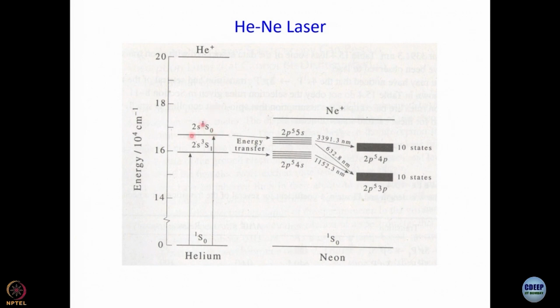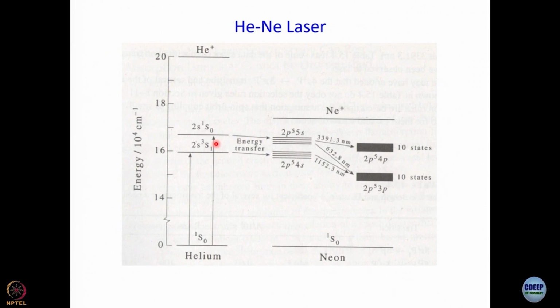I do not know why S0 is written there, it should have been written something else, but let us not worry about that. This S is not really singlet and triplet, this S has got to do with term symbols. So, you have a triplet state and you have a singlet state, and the meaning of 2s here is that, what is the electron configuration of helium?